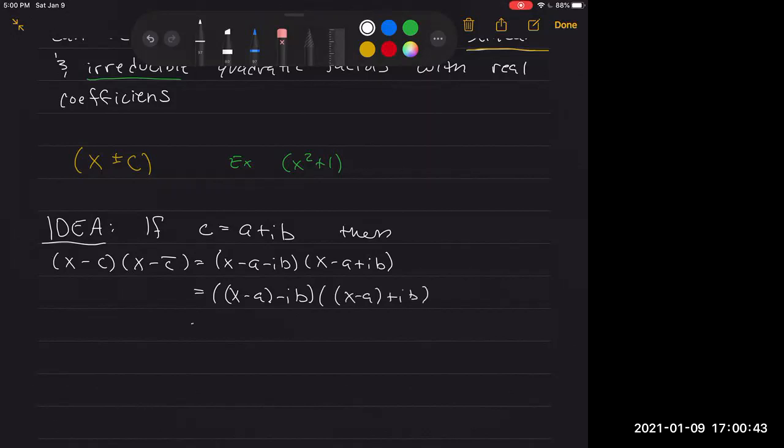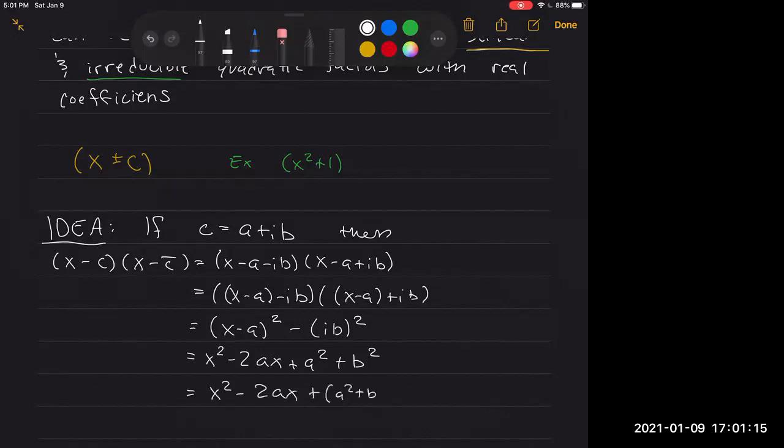Which we can separate, and we get (x minus a) squared minus (ib) squared. But remember that i squared is negative 1, and a negative times a negative is positive. So then we get x squared minus 2ax plus a squared plus b squared.